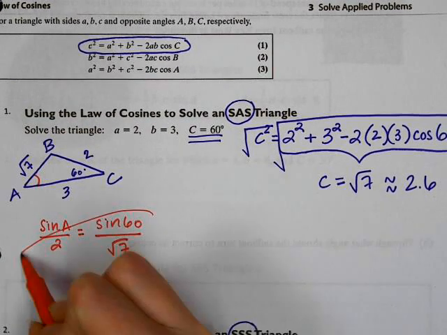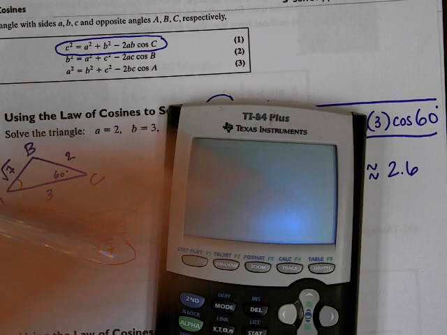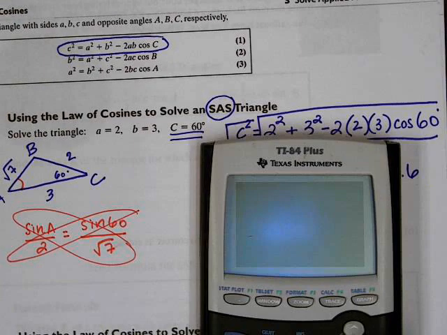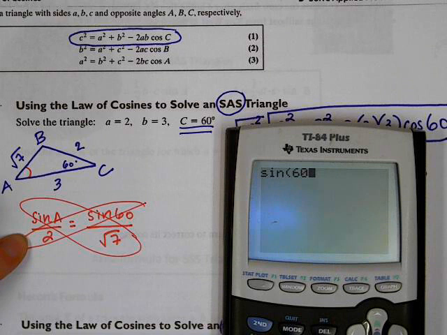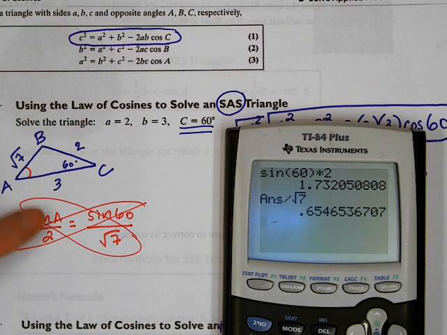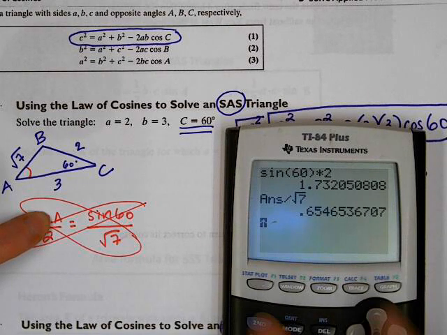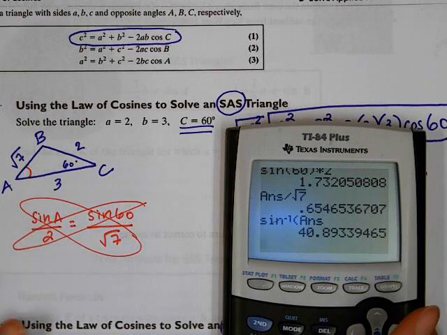And we're going to cross multiply and divide. So sine of 60 times 2 divided by square root of 7. But since we're finding an angle, we have to do inverse sine of that decimal. And you get 40.9 degrees.